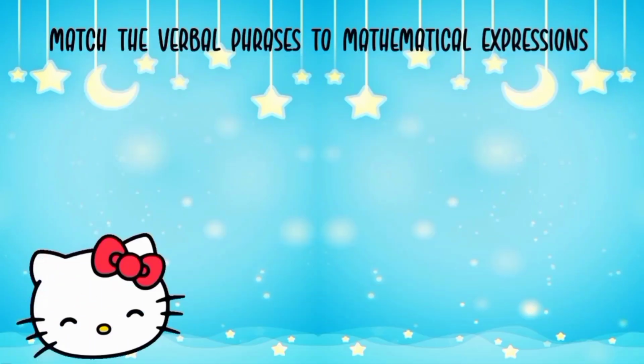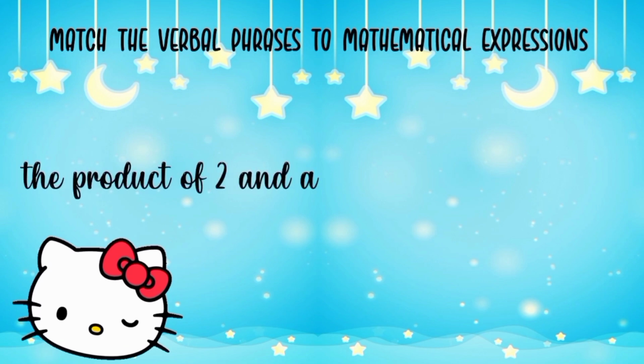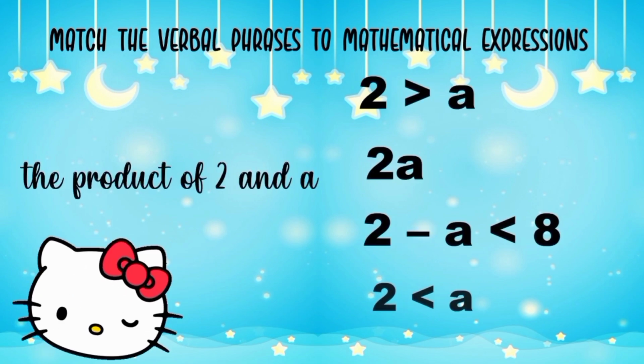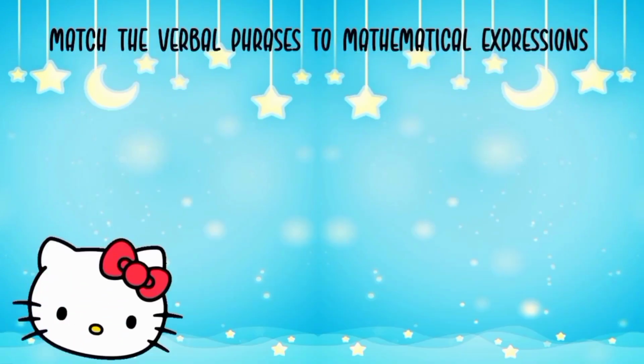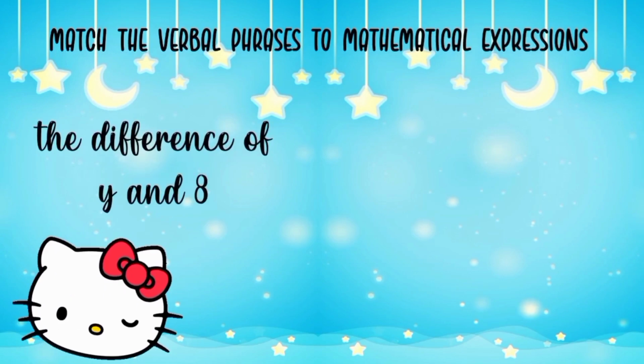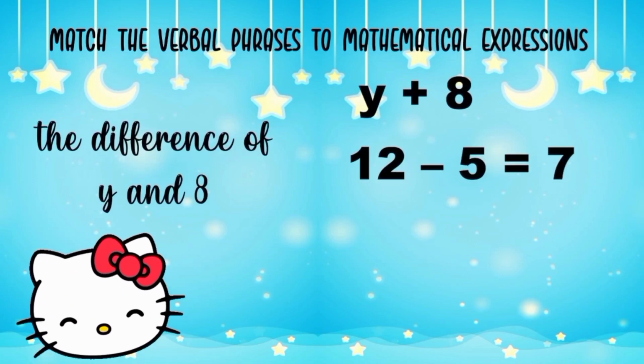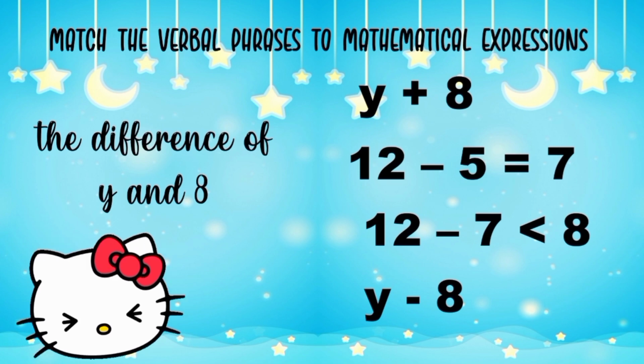Example number 6. The product of 2 and a. Choose among the given expressions. The answer is 2a. Let's proceed to example number 7. The difference of y and 8. Now choose among the given expressions.